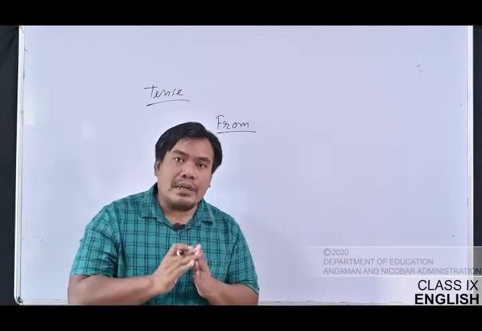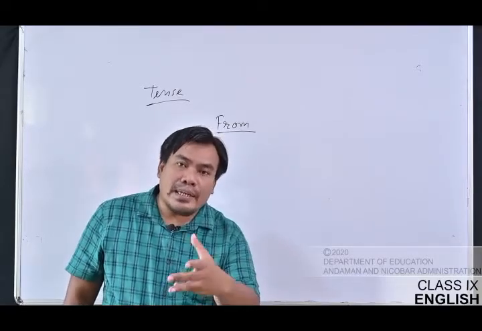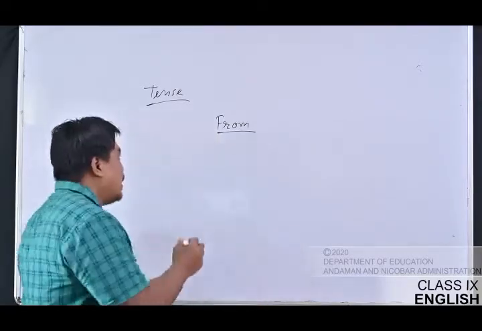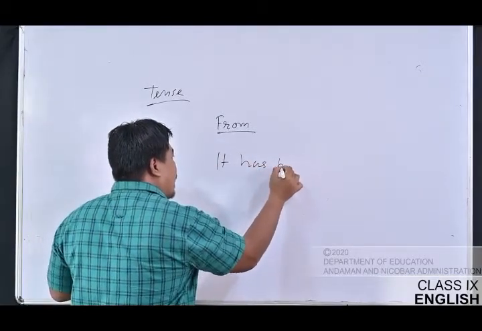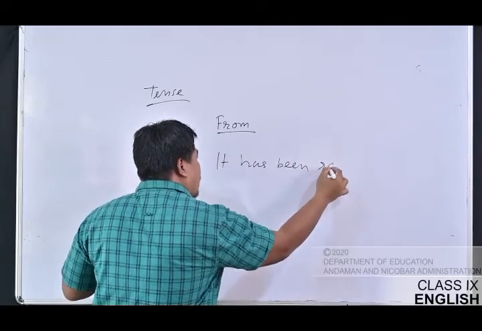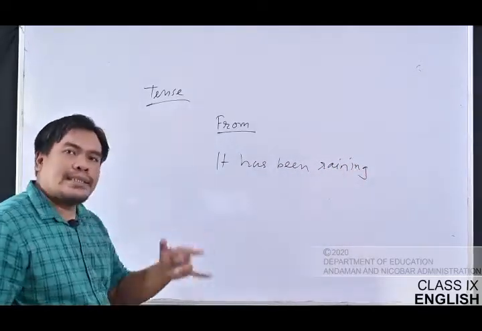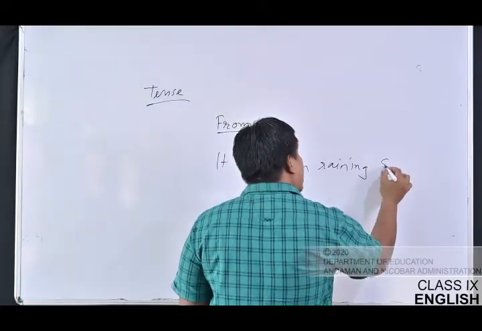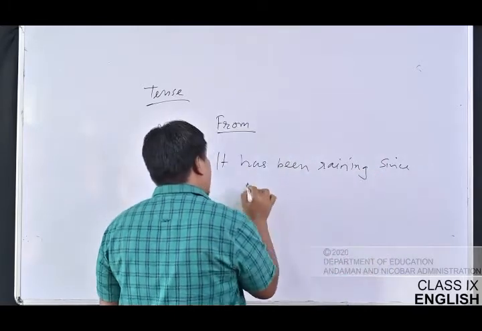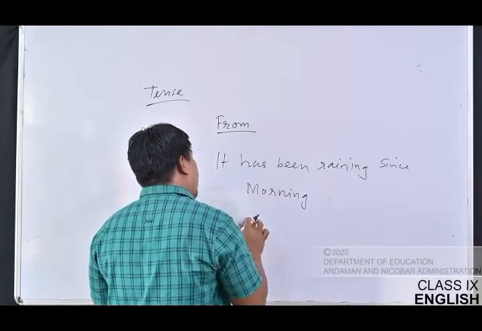So that one, the entire sentence is actually incorrect. Instead of saying that it is raining from morning, you have to say it has been raining since morning. Okay, this is the way to say it or write it. It has been raining since morning. All right, see, these are the terms that you have to understand.